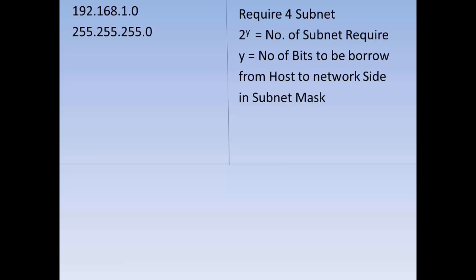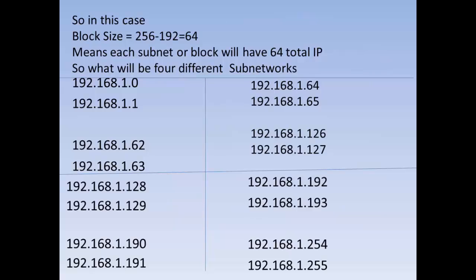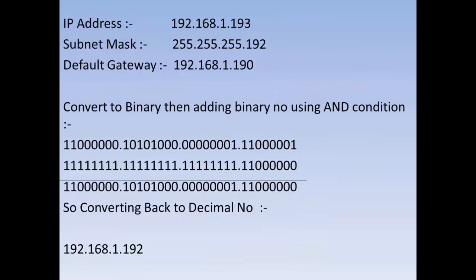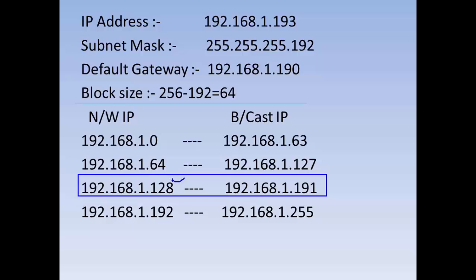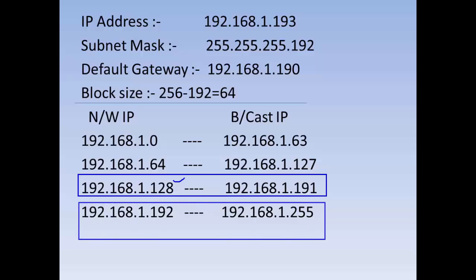Naturally 188 and 189 come under the network ID 128, but 193 goes under a different one.